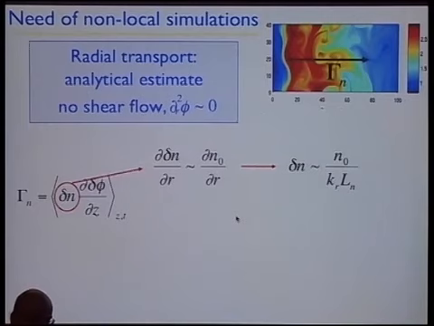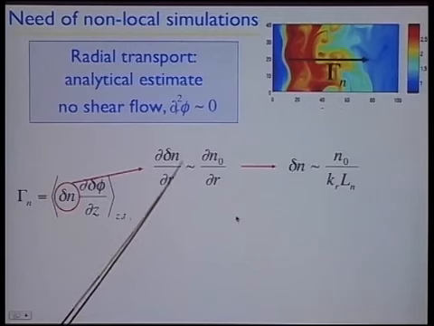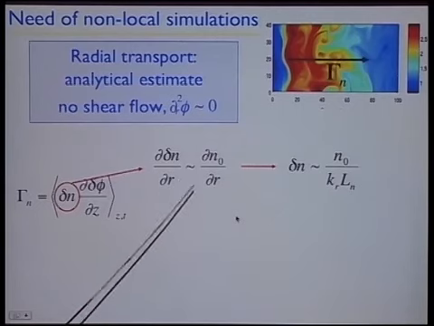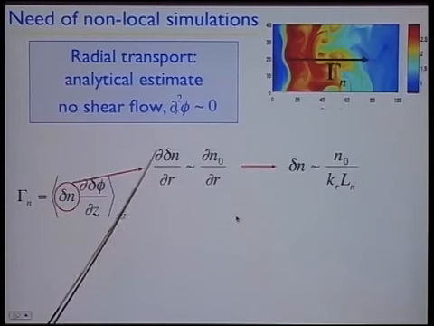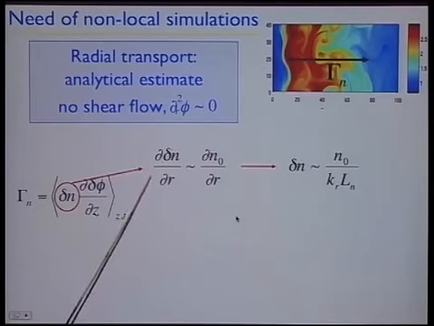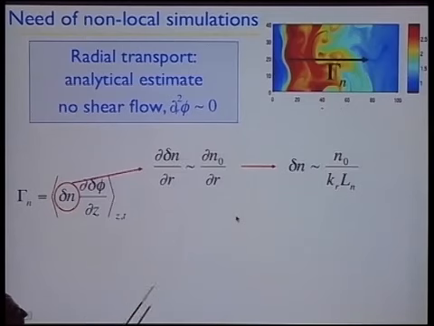So the instability will saturate when the instabilities have been able to flatten the equilibrium density gradient, which can be written in this way. So basically the gradient due to the fluctuations should be of the order of the equilibrium gradient.